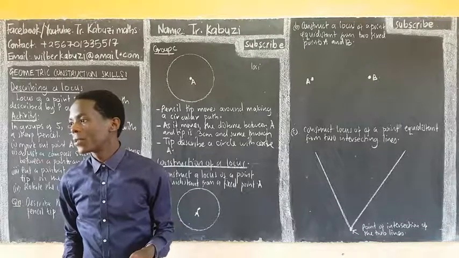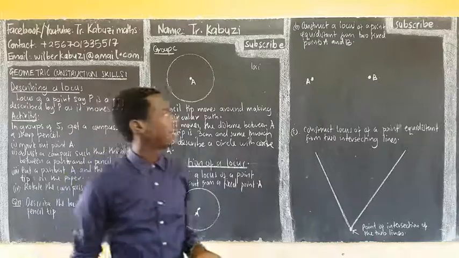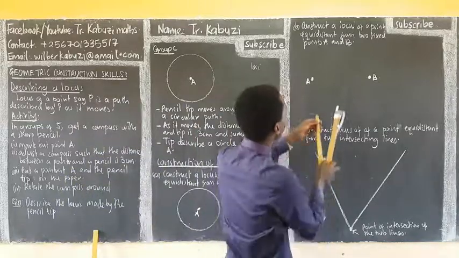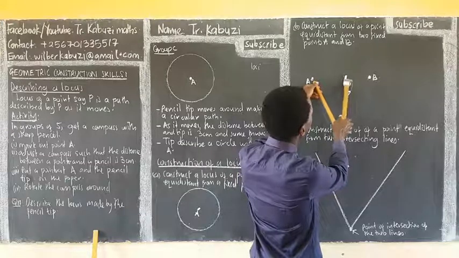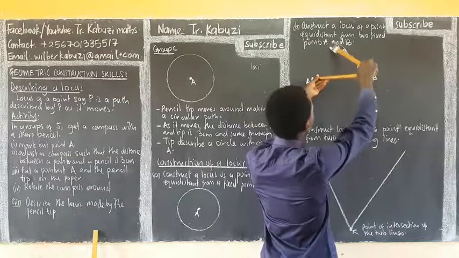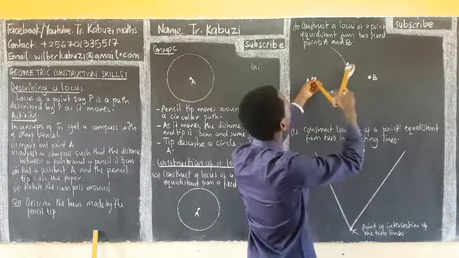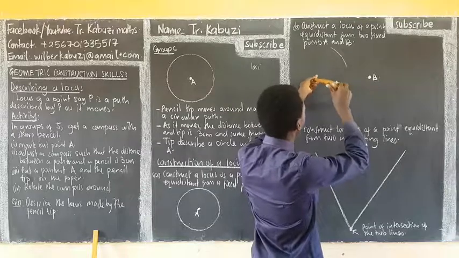We are going to construct a perpendicular bisector. So what we do, we put a point, we adjust halfway, you draw an arc up like this. You also draw an arc down.